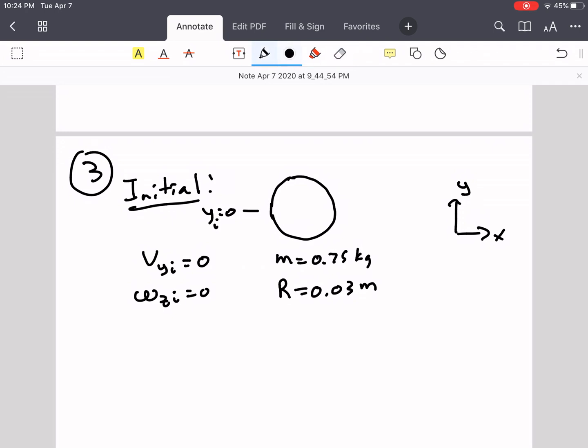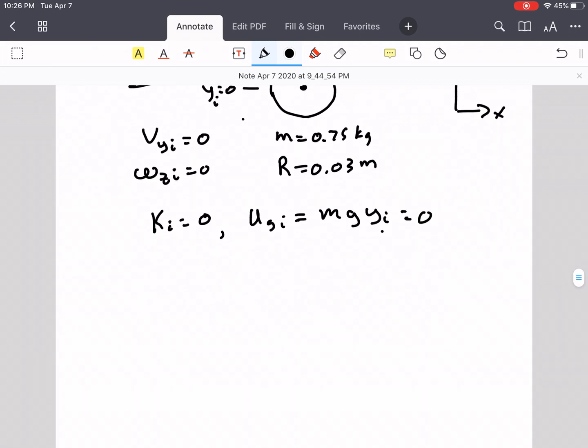So let's say y equals 0 is the initial position of the center of mass. So now this is exactly like the previous problem. I've set it up so that my initial kinetic energy is 0 because it's neither moving nor rotating. And my initial gravitational potential energy is 0 as well because it's mass times g times y initial, and y initial is just 0. All right, so that's my initial state.